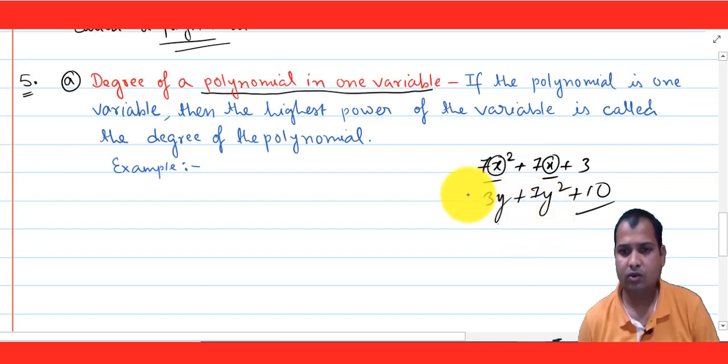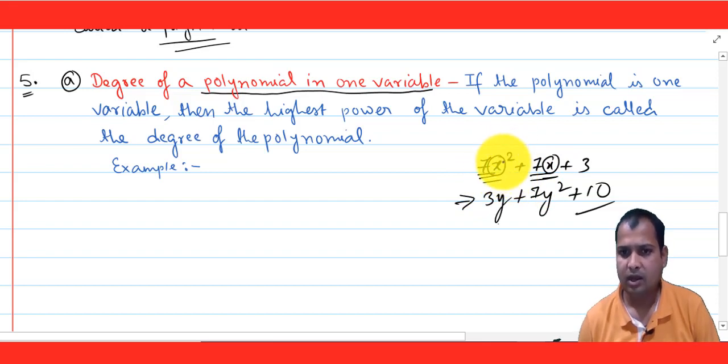So if you have got a polynomial in one variable, how to find its degree? What do we understand by its degree? The degree of that polynomial would be the highest power of the variable. Like here if you see, there are two terms which contain the variable x.